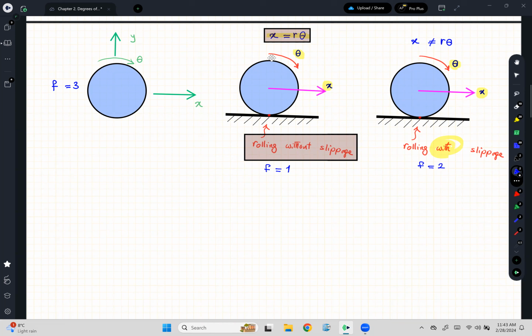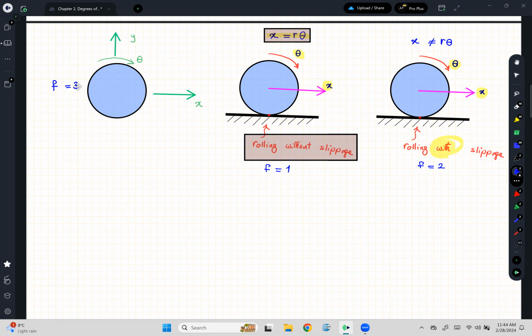Okay, so you may say, oh, wait a minute. This disk, by the way, it can move, jump up, right? But we assume that this disk and the other one, they are always touching the ground. So let's say there is some sort of magnetic force and they are always touching the ground, okay, they are not separating from the ground. If they are not separating from the ground, it means they have no y motion, okay?